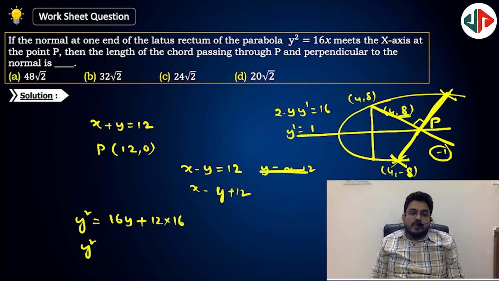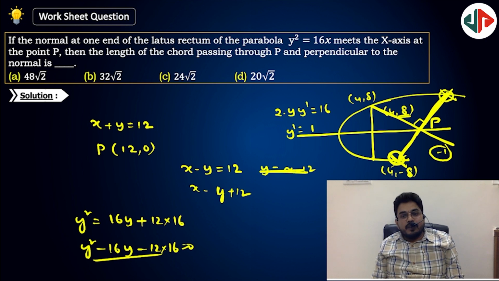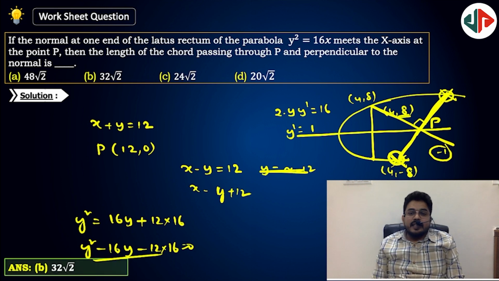So y square minus 16y minus 12 into 16 is equal to 0. You will be getting y1, y2. Just start simplifying the things. From there, you are going to get the answer for this question. And the answer is 32 root 2.